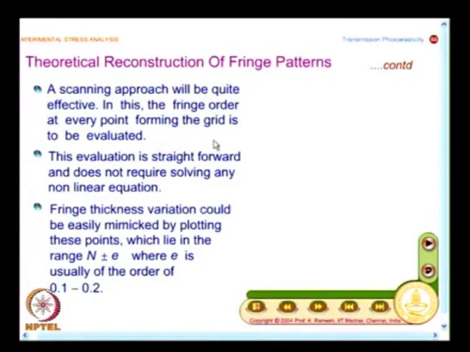And I also said I must be in a position to mimic the fringe thickness, and fringe thickness variation could be easily mimicked by plotting these points which lie in the range n plus or minus e, and e could be of the order of 0.1 to 0.2. It automatically picks out fringe width.